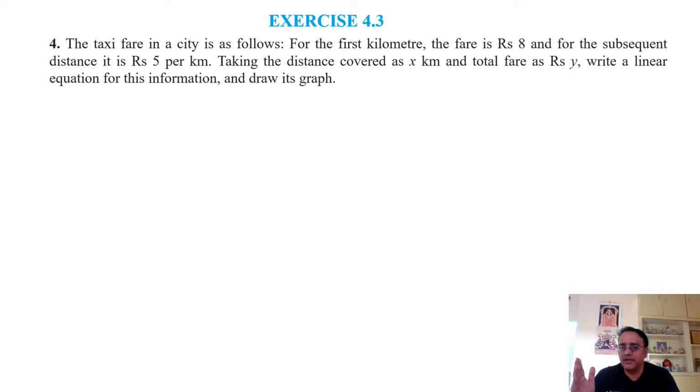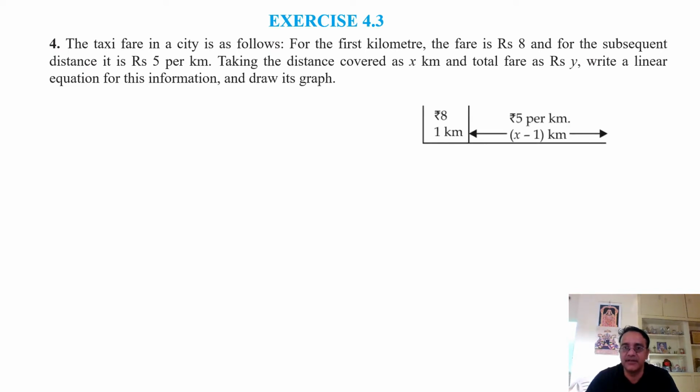So out of x kilometer, the first kilometer, that is 1 kilometer, charges rupees 8. What will be the remaining kilometer? x minus 1. Now see this figure here. For 1 kilometer the charge is 8 rupees, and if we take 1 kilometer from x, x में से 1 किलोमीटर निकालेंगे तो कितना बचेगा? x minus 1, and for x minus 1 the charge is 5 rupees.